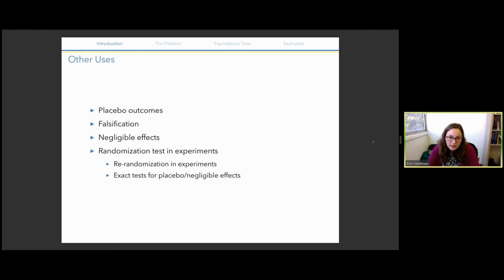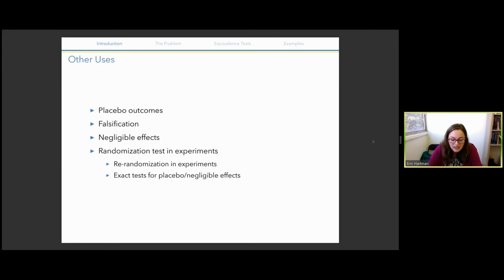And there are other kinds of observable implications. A lot of times we talk about placebo outcomes. There's not necessarily a clear definition between balance tests and placebo tests, but typically we think of placebo tests as when you believe there should be some sort of known effect, usually a null effect, on a post-treatment outcome.